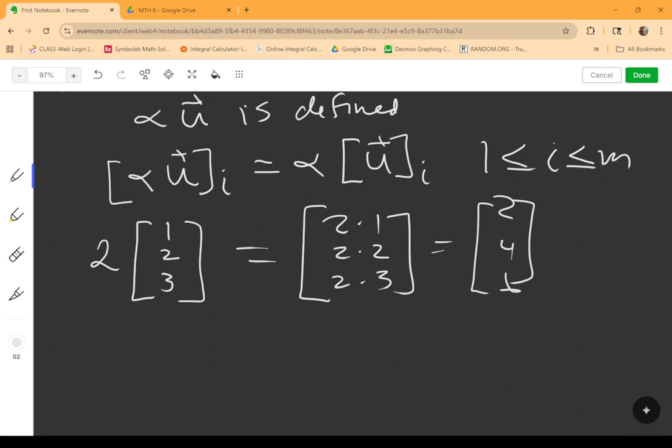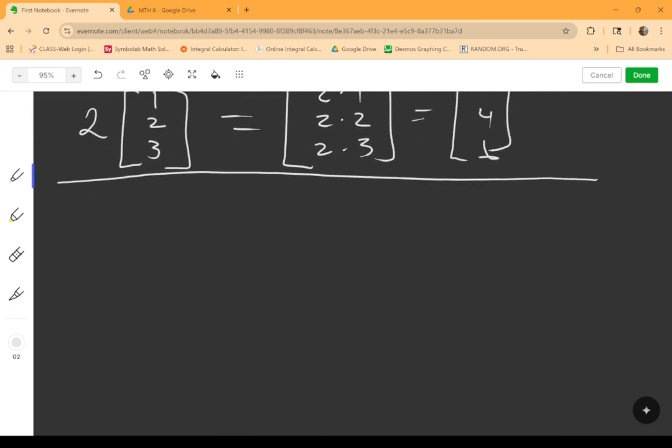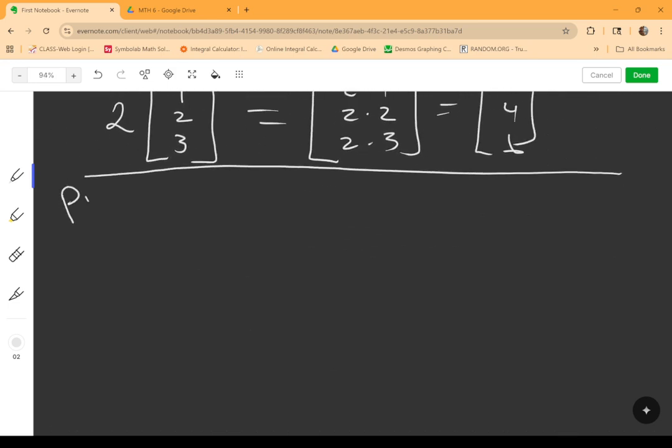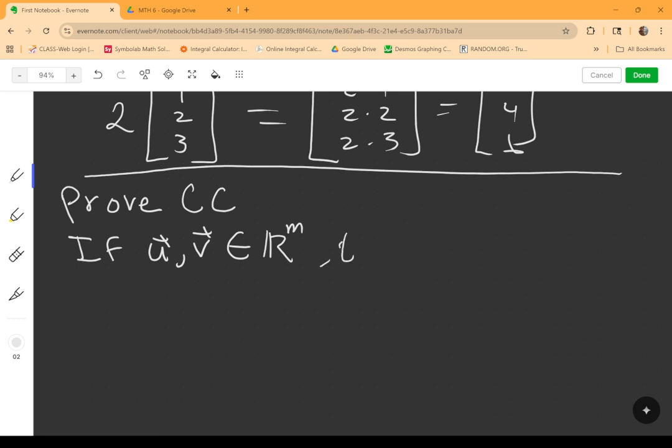Okay, so I want to prove property C. What that states is that if u and v are elements of R^m, then u plus v, the vectors u plus v, is equal to v plus u.